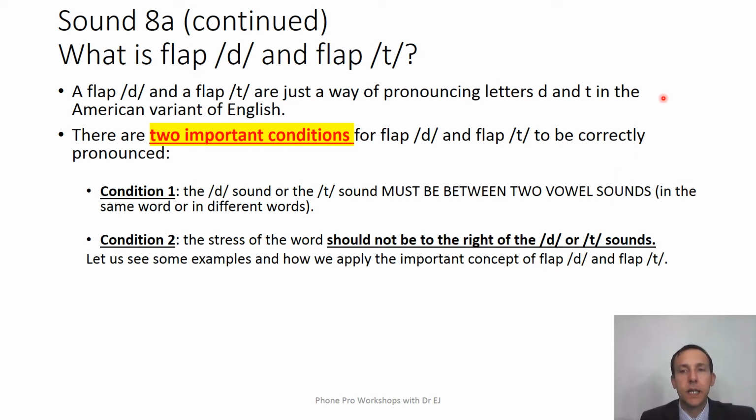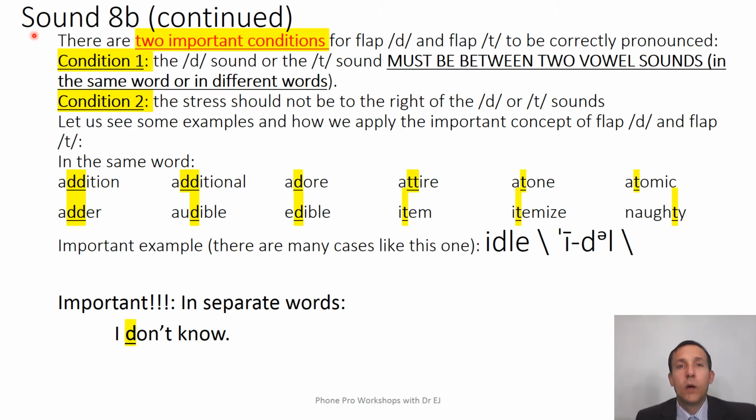Okay, let's take a look. Okay, this is sound 8B, continued. As we saw on the previous slide, there are two important conditions for flap D or flap T to be correctly pronounced.